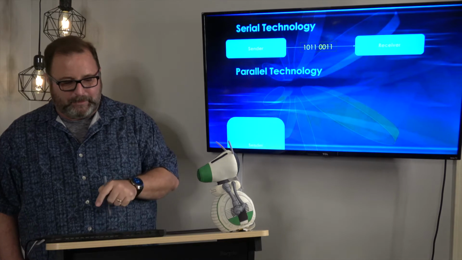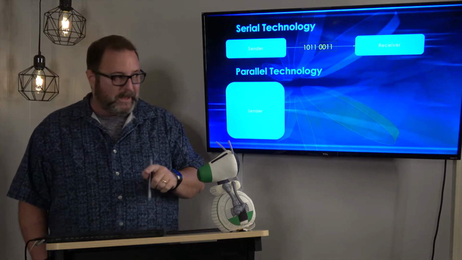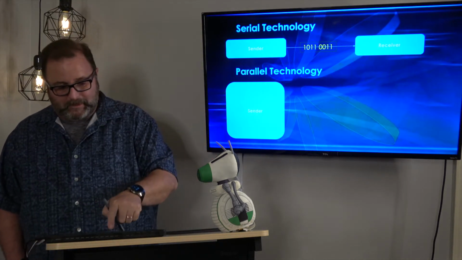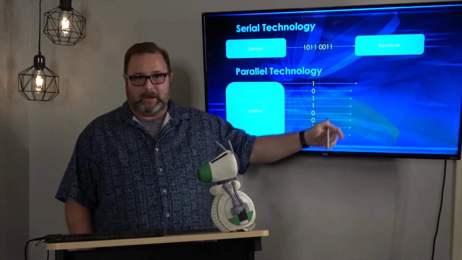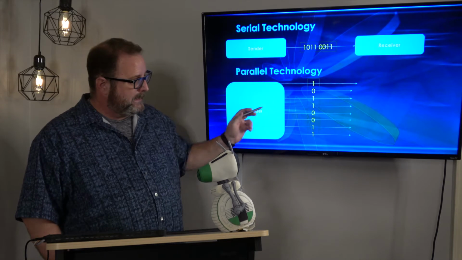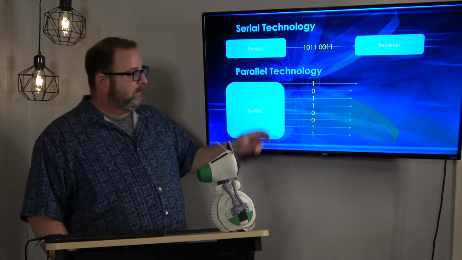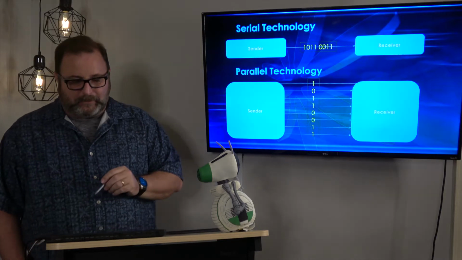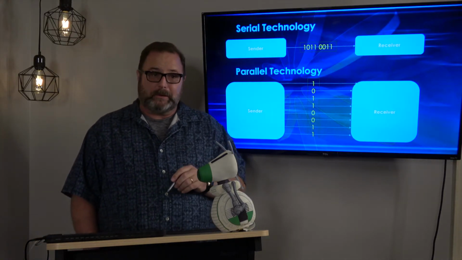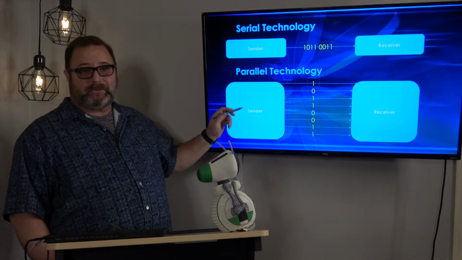Parallel technology means we have a sender and the streams are going in parallel. So I can send a whole byte at a time, in some cases more than a byte, in a parallel path to the receiver. Originally, this was a lot faster.